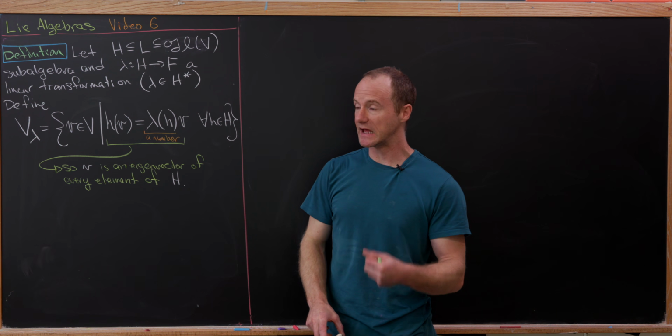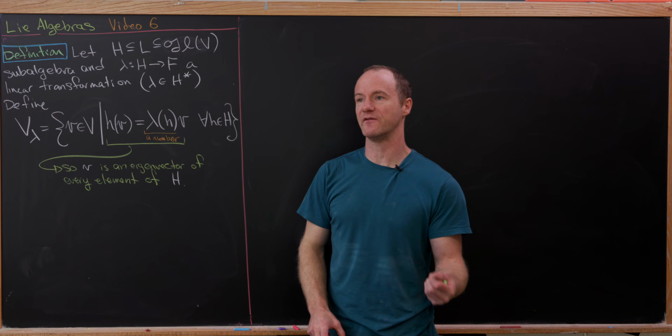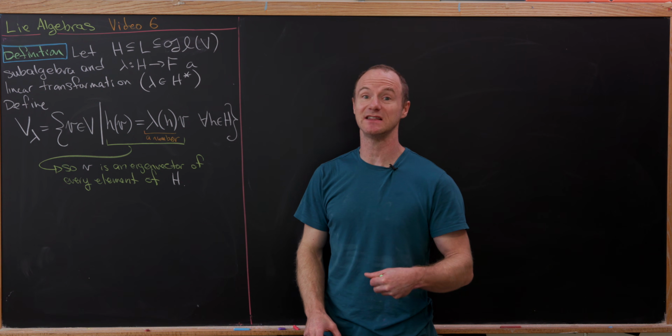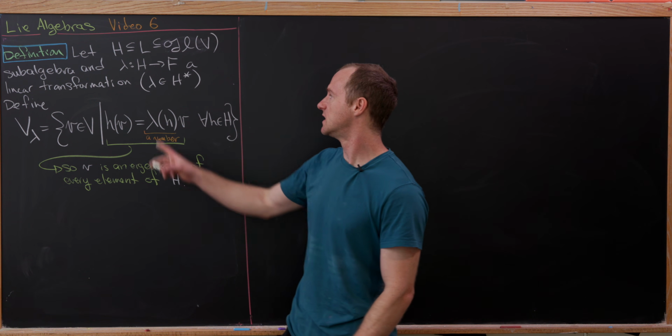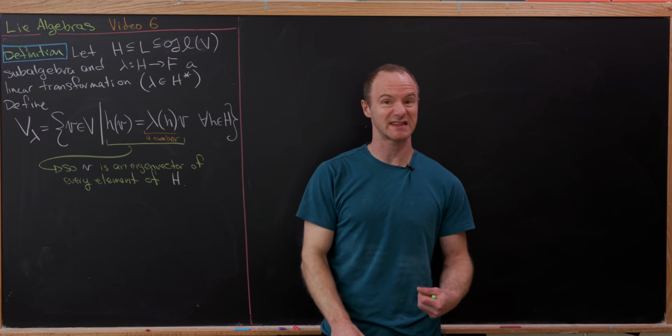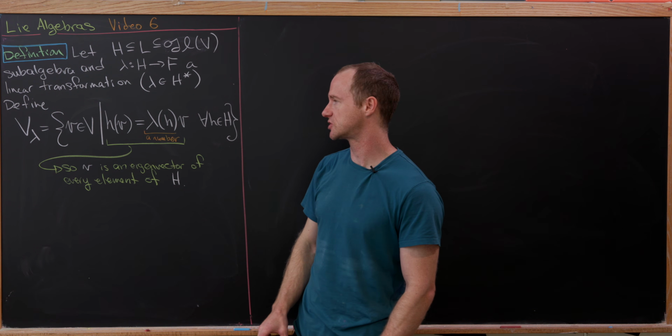So if you recall, anytime you have a linear transformation from a vector space to the ground field, we say that that linear transformation is in the so-called dual space. And that's what we have right here. So lambda is inside of H star. That's the dual to capital H.